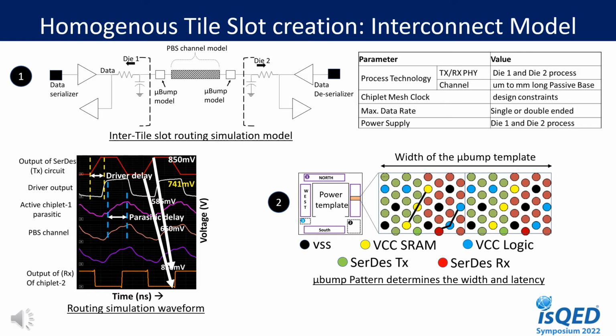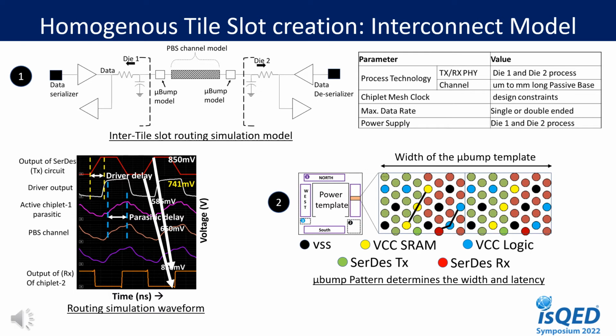However, some of the critical things which we need to keep in mind are mentioned in the table on the right top corner. At the same time, depending upon the channel bandwidth and the required data rate, we need to finalize a number of transmitter microbumps and the receiver microbumps.